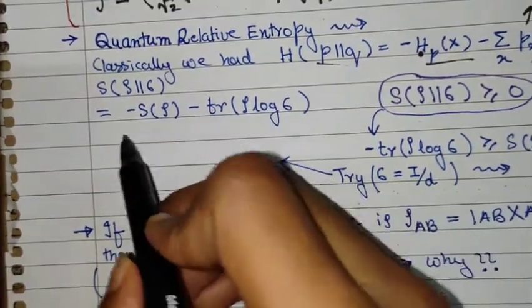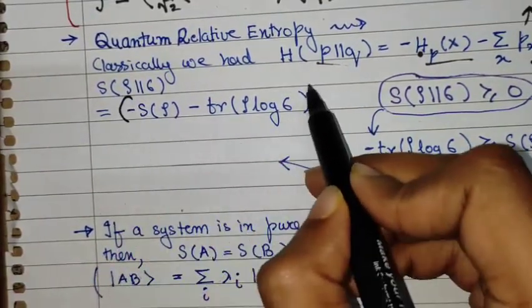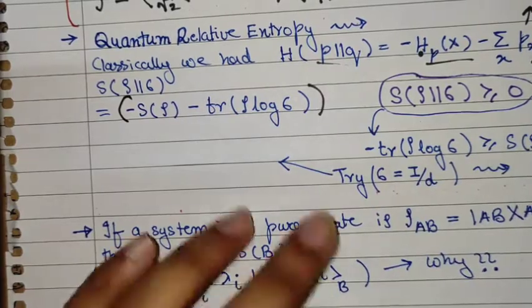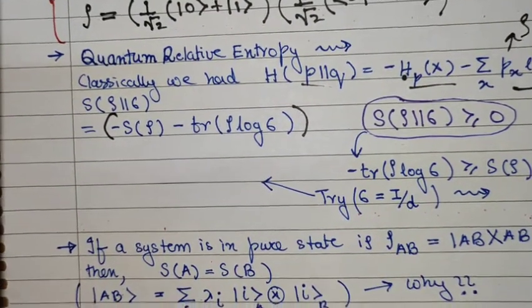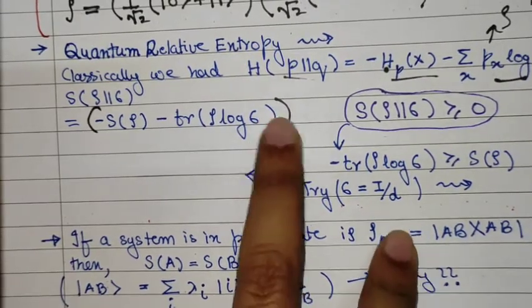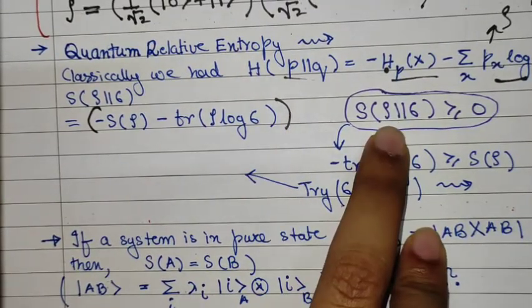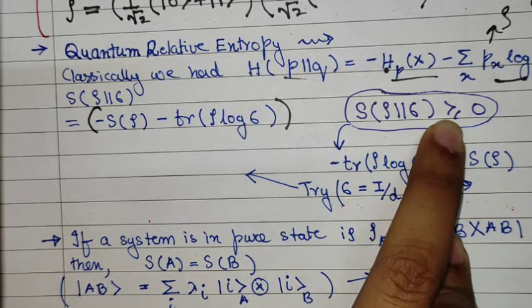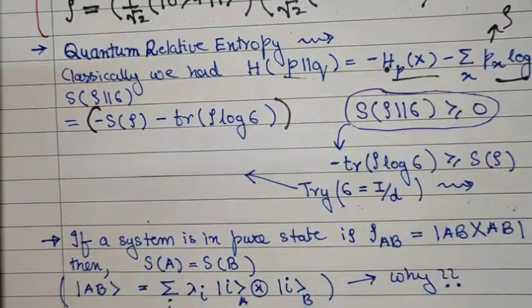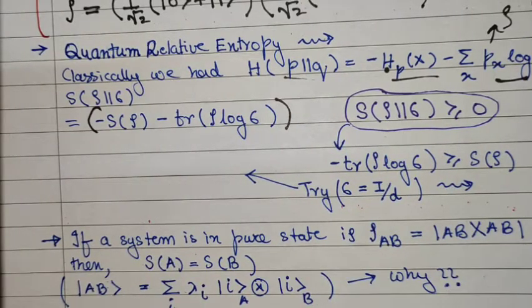This brings us to the definition that we see here, the definition of the quantum relative entropy. Now, similar to what we discussed in the previous video, that the classical relative entropy is always greater than or equal to 0, the quantum relative entropy is also always greater than or equal to 0.